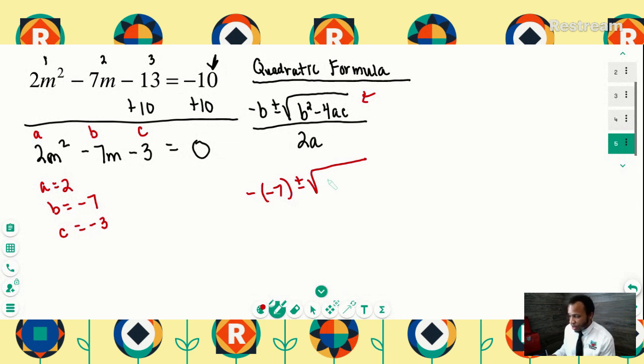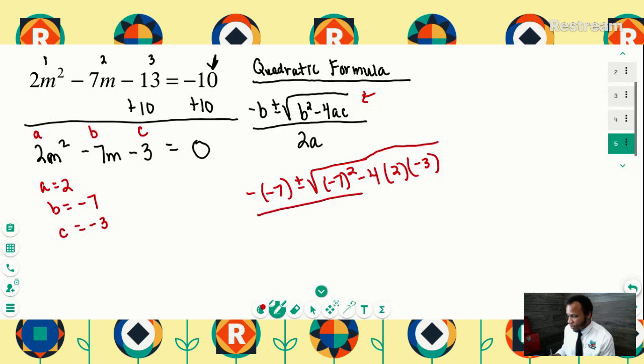Then we have b squared. Remember again, we have -7 here. To make sure we calculate this right, we're going to put this -7 in parentheses. So we have (-7) squared minus 4 times a, which is 2, times c, which is -3.